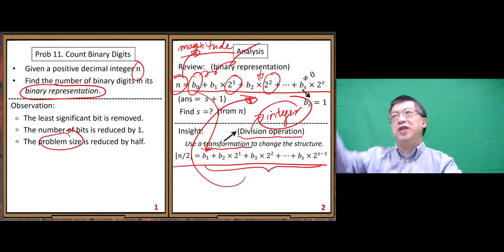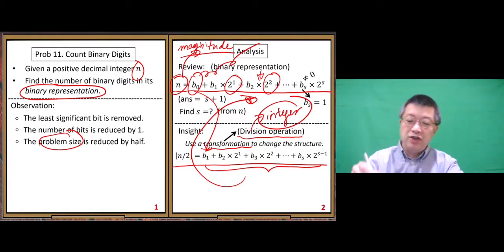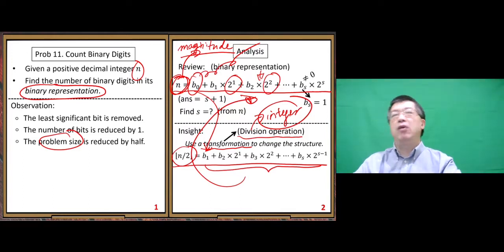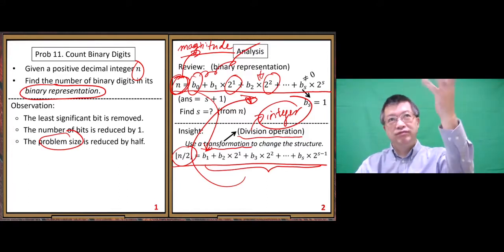Here, we use that as the problem size. It is the magnitude of this number. So then you look at here, divided by 2, floor function, the size is reduced by 1/2. Approximately 1/2, but it's very close.